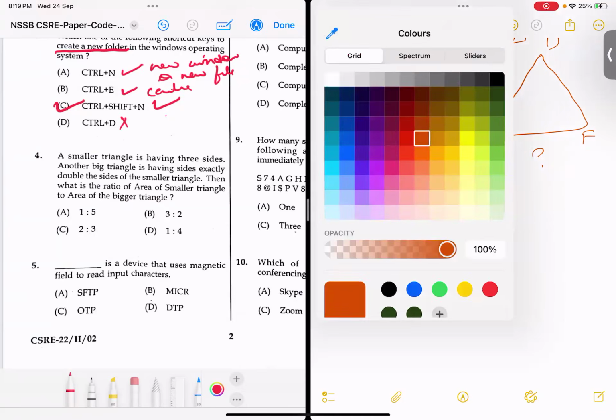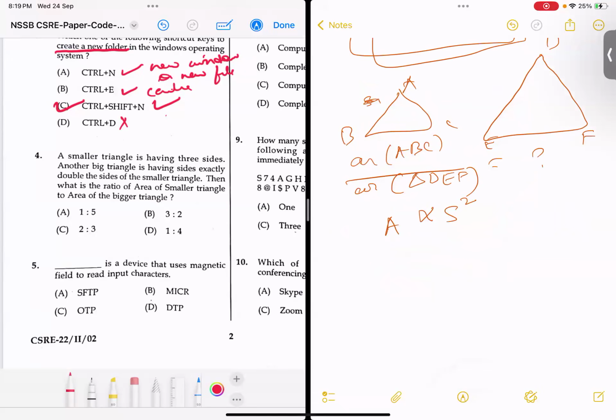This means that the area of a triangle will increase proportionally to its square. Now suppose this area is A1, and the bigger triangle's area we consider as A2. This is what we have to find out.